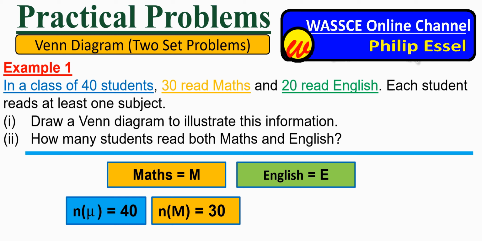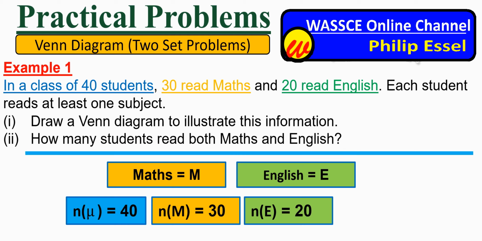Let's look for the next important information from the question. We are also told that 20 of these students read English. So let's write that also down. n(E) equals 20 means number of students reading English.